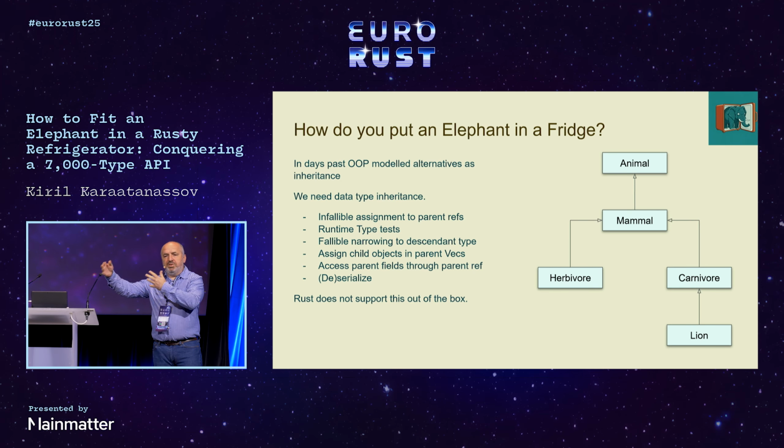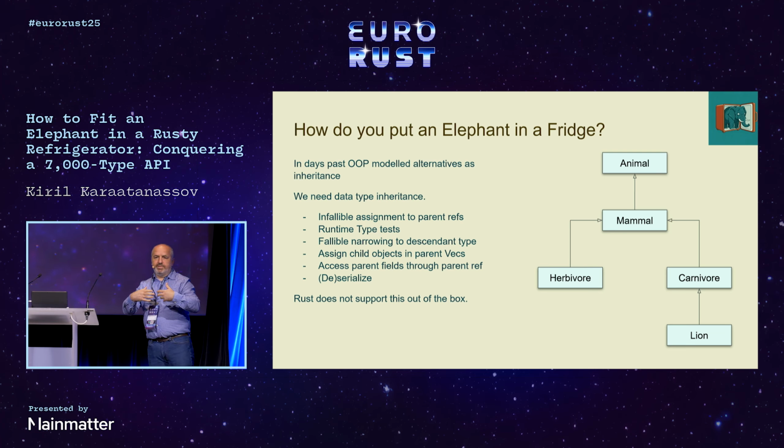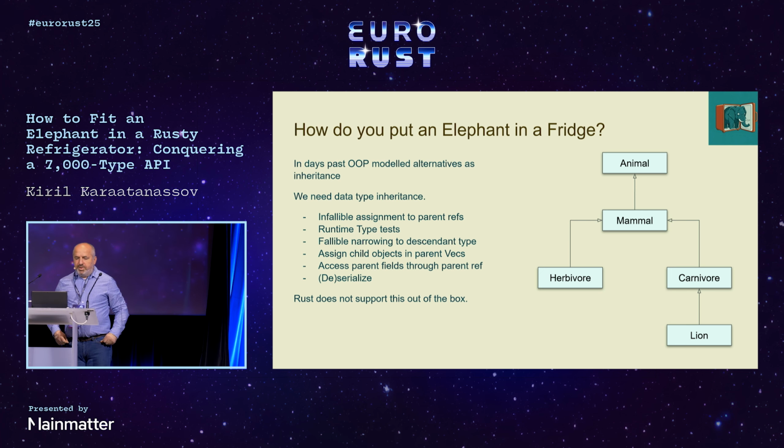It might be a mammal, it could be a carnivore, so it has more properties, but I want to be able to see the properties through the animal reference. So when I get results from the API, I can make some inference about it from the base types. And lastly, we want to have some serialization and deserialization in JSON in this case. So Rust doesn't have these out of the box, and I had to come up with some solutions.